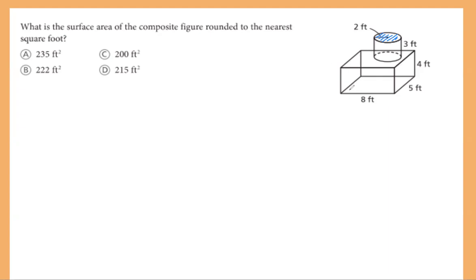So what I'm trying to say is, if I need to find the area of this face, the bottom face, that's 8 by 5, so that should be 8 times 5. But I do have the same thing on the top, right? So this is also another one. But the problem was this circle.